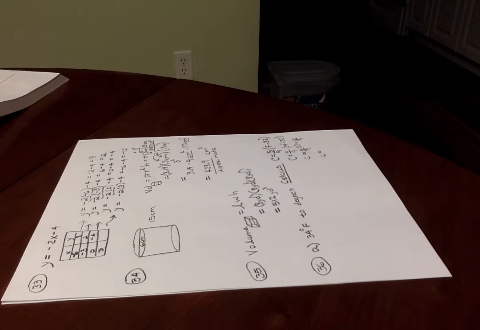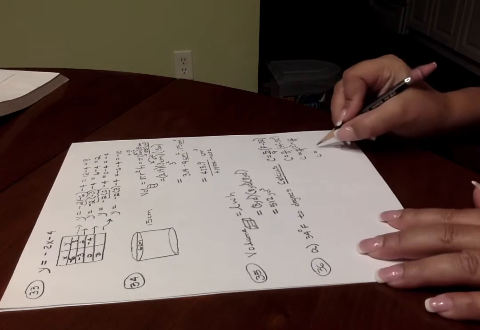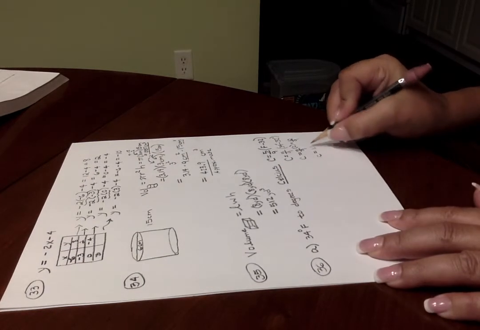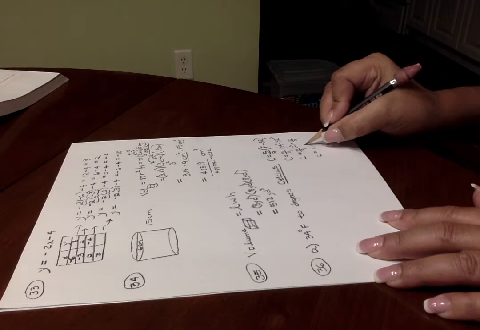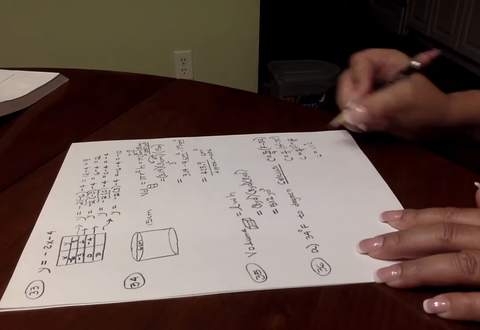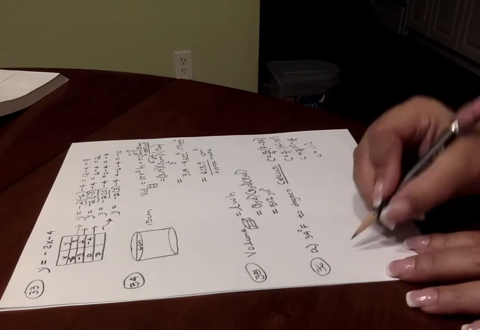And if you want to approximate that and turn it into a decimal, it would just be 10 divided by 9, 1.11 degrees Celsius. Okay, that was part A.